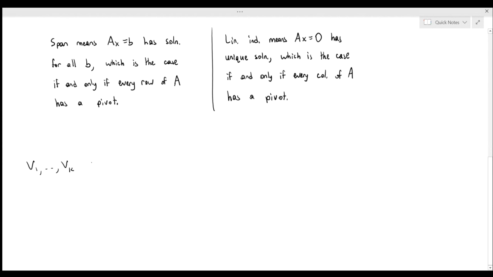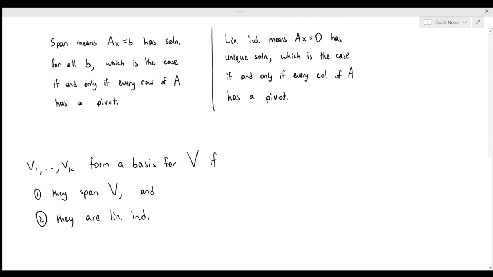We say that these vectors form a basis for the space V if, one, they span V, and two, if they are also linearly independent.